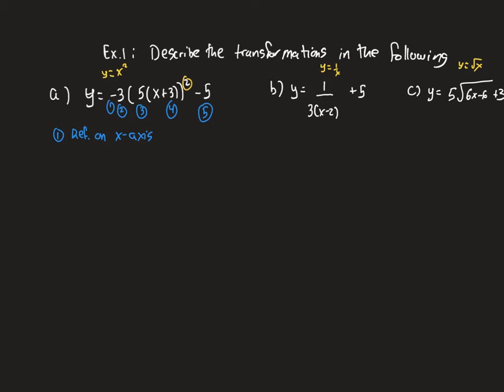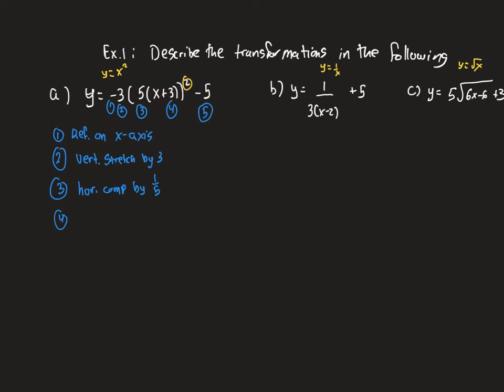If it's on the inside, it's on the y-axis. 2, I see a 3, that's a whole number, it's on the outside, so this is a vertical stretch by 3. 3. I see a 5, that's a whole number, it's on the inside, so therefore this is a horizontal compression by 1 over 5.